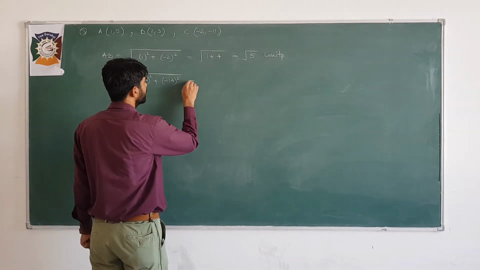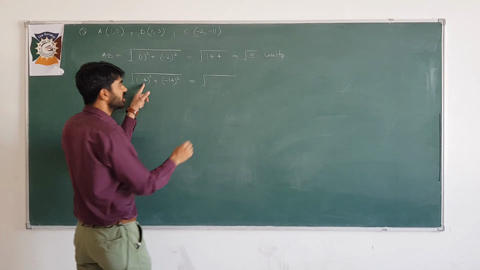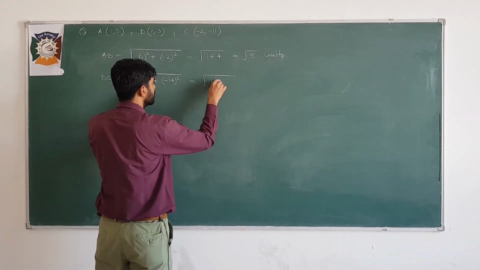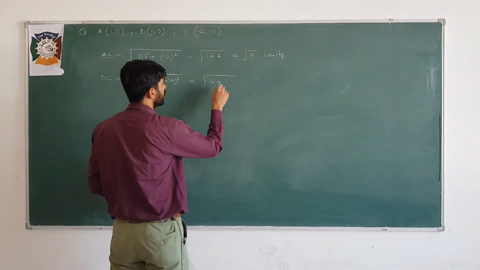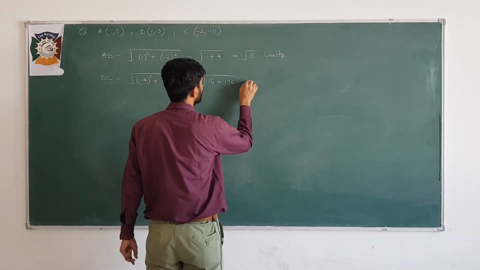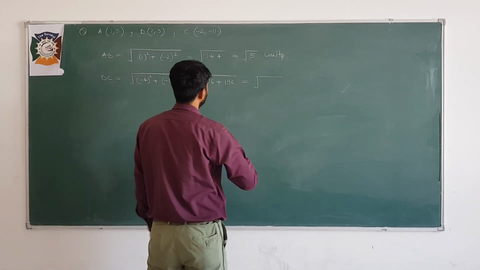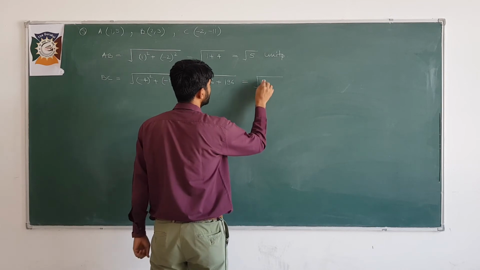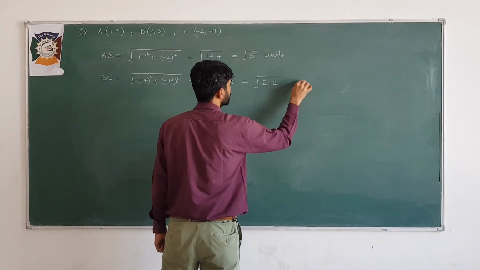So it is equal to root over, minus 4 squared will become plus 16, plus minus 14 squared, it will become positive 196. So it becomes root over, if I add them, 212 units.